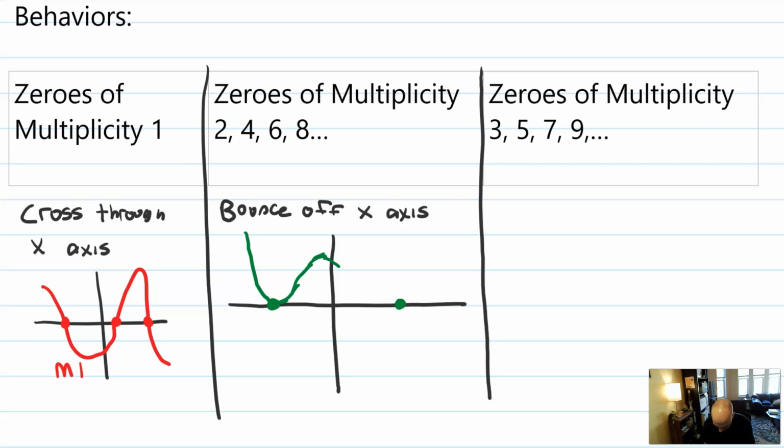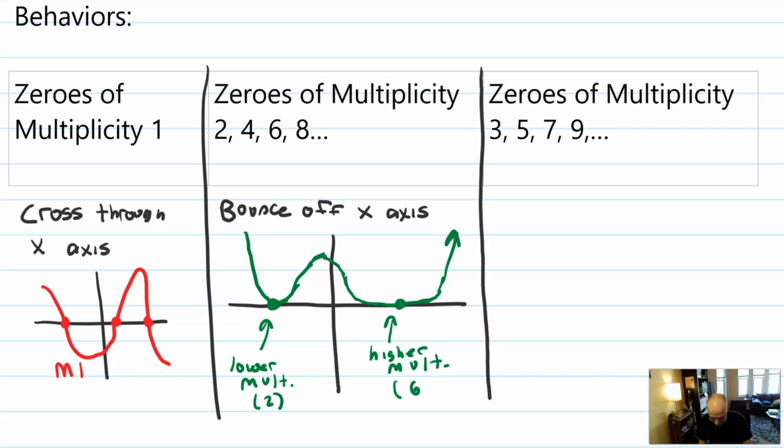And sometimes when you bounce on the axis, depending on the degree, the size of the bounce, or the flatness of the bounce, is different. That's not super important, but this would be like a higher multiplicity, which gives you a flatter bounce. This would be like a lower multiplicity, so that would be an example of maybe a multiplicity 2. This would be maybe an example of multiplicity 6, with the different sizes of the bounce.